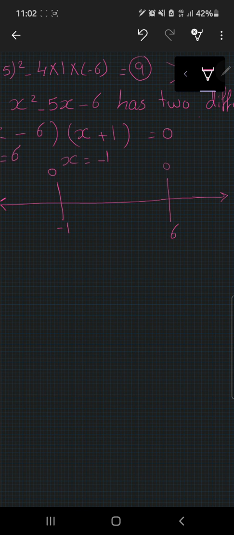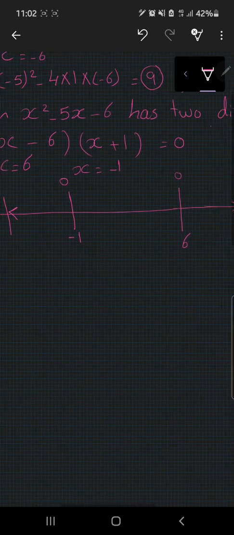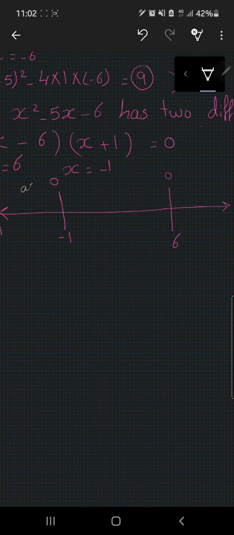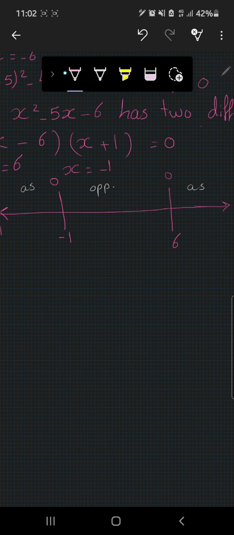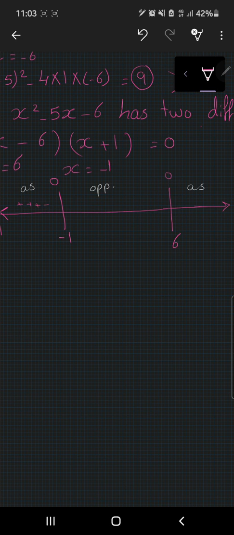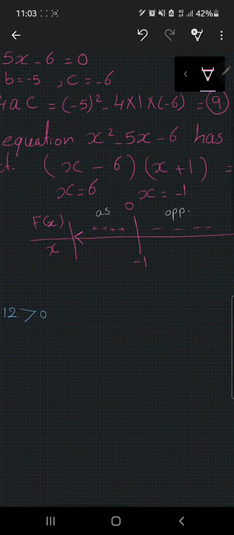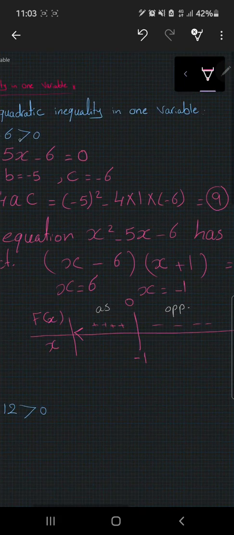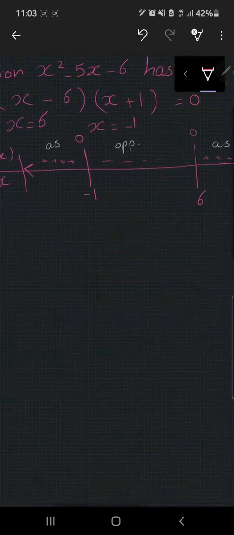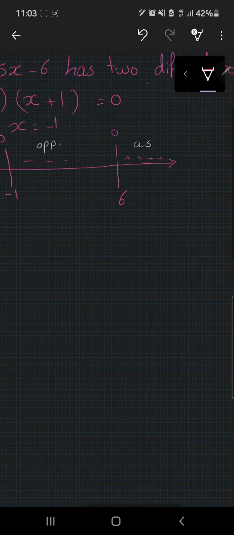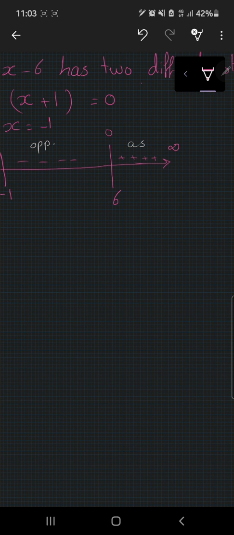We studied before in the linear function, the sign will be opposite as the coefficient of x power 2 positive, opposite negative, okay. But in our inequality we want to know only greater than 0, which is from negative infinity to negative 1 and from 6 to infinity.